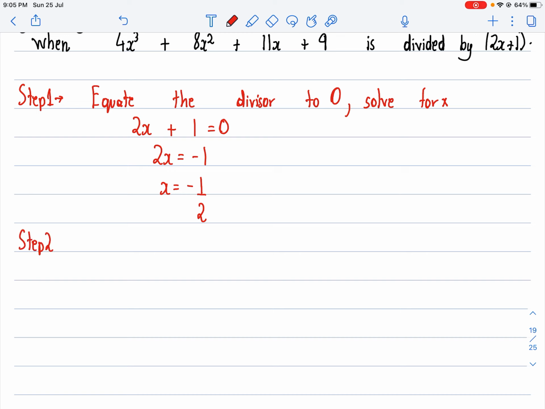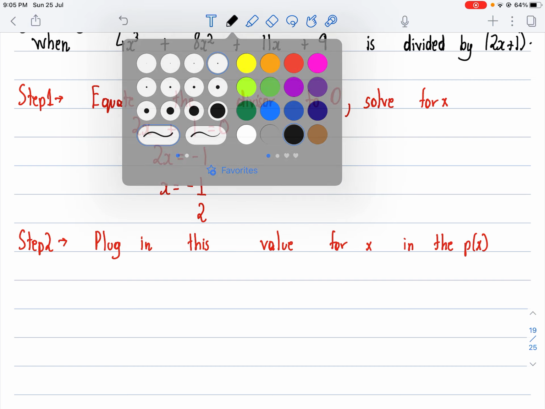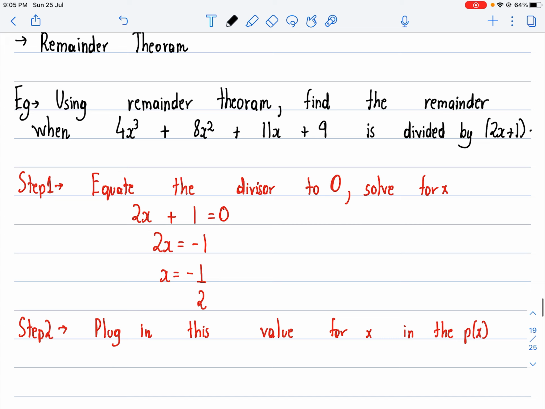Again, really simple: plug in or substitute this value for x in the p of x. I know my p of x is 4x cube plus 8x square plus 11x plus 9.